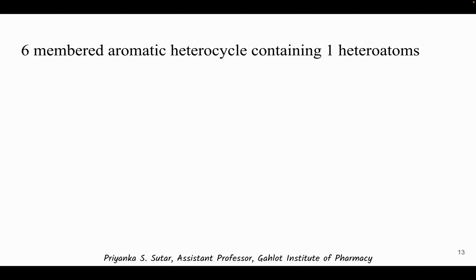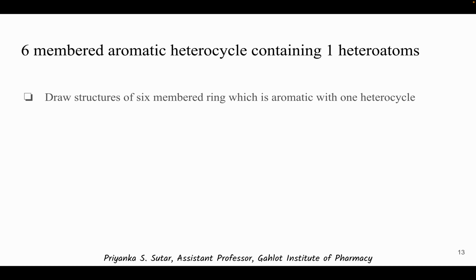Now moving on to the next category, a 6-membered aromatic heterocycle which contains 1 heteroatom. This is very simple, right? You just draw a 6-membered ring which is aromatic, so conjugated double bond, single bond, double bond, single bond, double bond, single bond, and leave space for one heteroatom because it contains one heteroatom. So write down the structure.